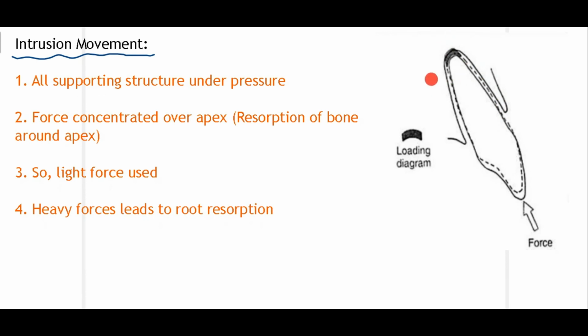The force is concentrated mainly at the apex because the force is in this direction. Now light force is used as compared to heavy force, because when you use heavy force, it leads to root resorption. The size of the root will shrink. If this is excessive, it can even lead to mobility of the tooth. So you have to keep in mind that the force should be minimal, just optimal to achieve intrusion. So this is all about intrusion movement.